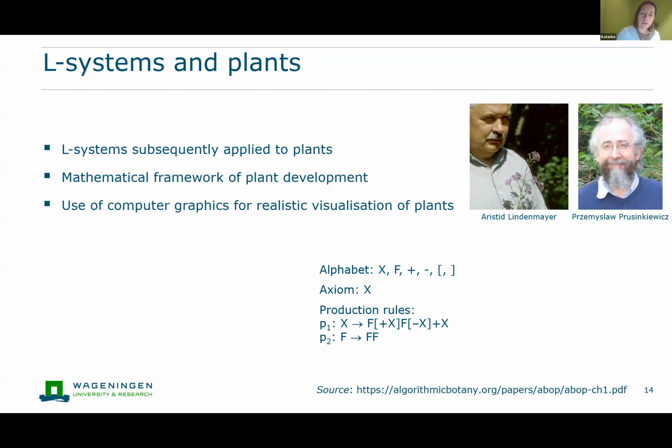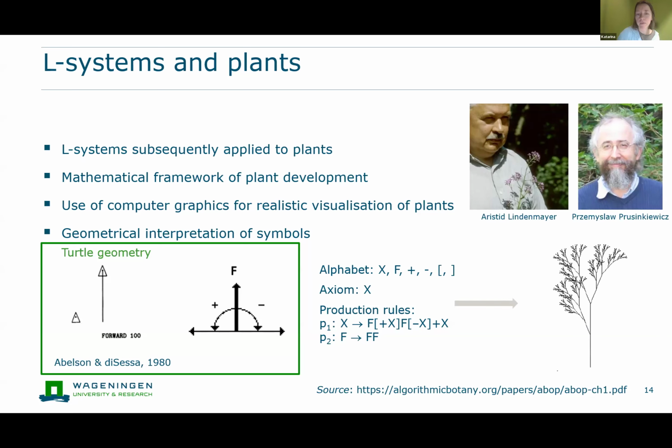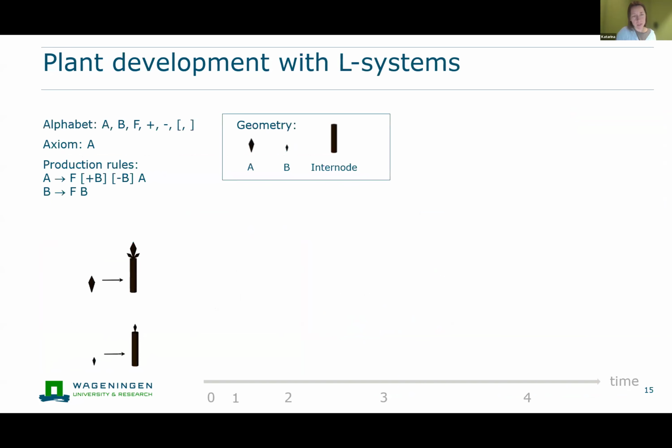So later on, the symbols were introduced to visualize these symbols, for example, using turtle geometry. And so here we can give a geometrical representation to the symbols. We can say that F is a cylinder of a certain length, and plus is a rotation to the left, minus a rotation to the right. And if we apply this to the rules, this will result in a nice plant-looking structure.